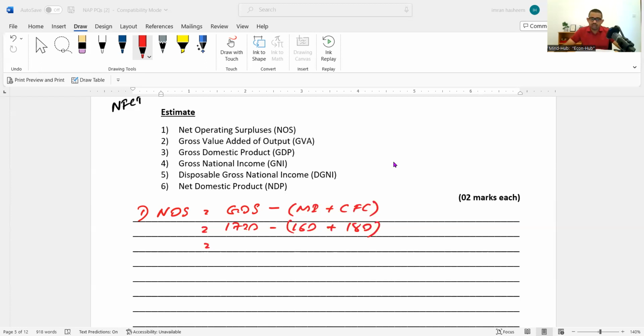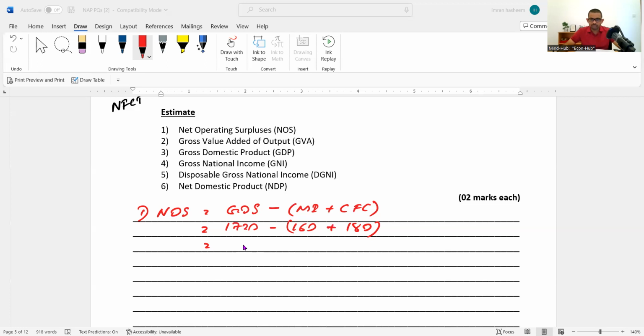Kavini is saying it's 1380. Any other answers or do we agree? Okay, Shan is confirming the answer. Anyone else who can confirm? Should be the same answer. We can't have multiple answers, no?